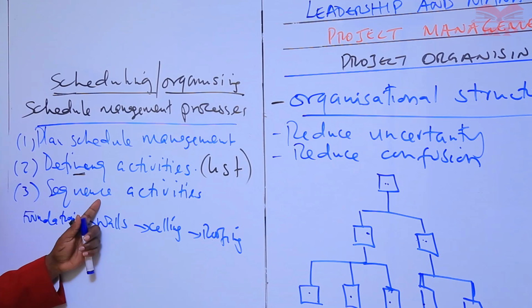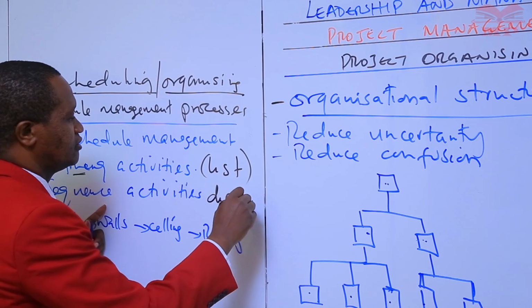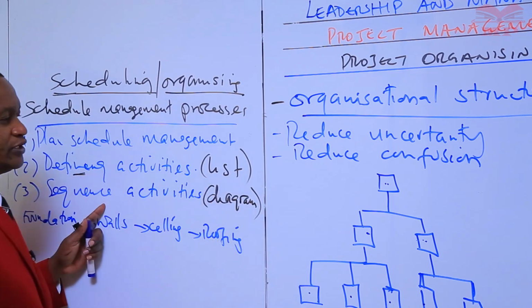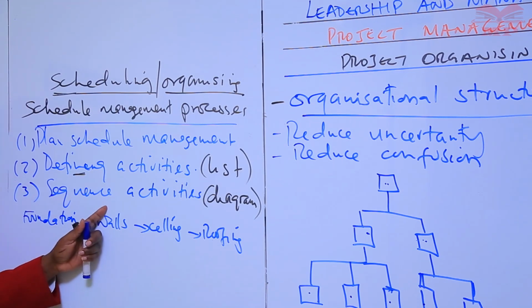And sequencing helps you to develop a diagram from this list. All right? You develop a diagram from the list, and that acts as a first step to coming up with a diagram.